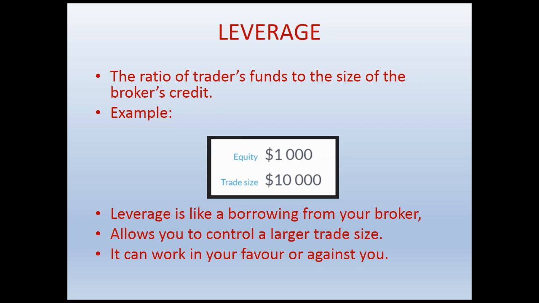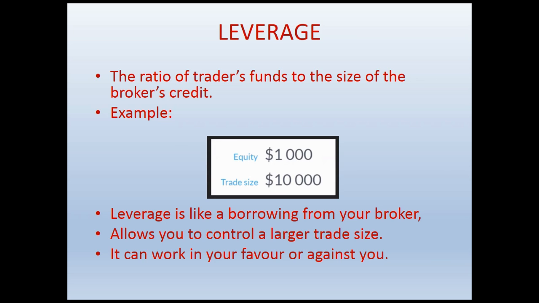An example, there is $1,000 equity, then trade size is 10,000, meaning using that 1,000 you can control a trade size equivalent to 10,000 US dollars, because leverage is like borrowing from your broker, and it allows you to control a larger trade size, meaning from $100 you can control maybe 100,000 worth of money.